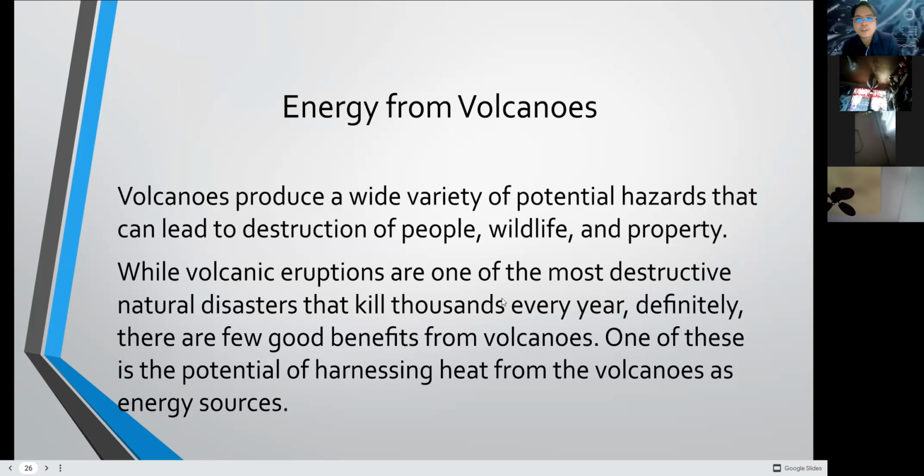Let's move now to energy from volcanoes. Apparently, because of the constant pressure and because of heat, we can actually harness energy from volcanoes. Volcanoes produce a wide variety of potential hazards that can lead to destruction of people, wildlife, and property, of course.